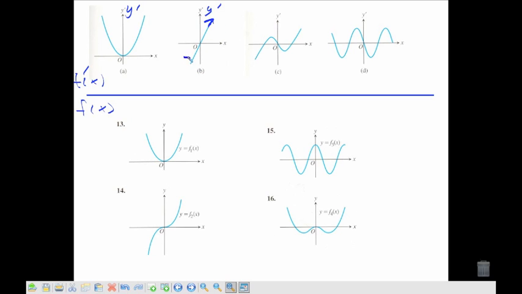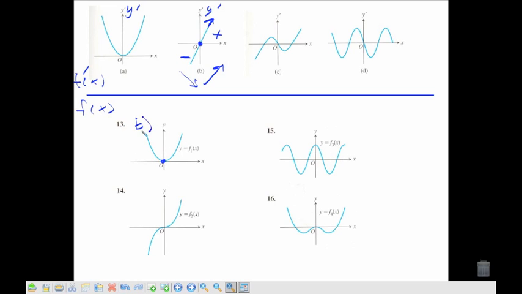Well, so our slope down here is negative, and then here our slope is 0, and then our slope is positive. Okay, that's important because if I have a slope that's negative, that means I'm going down. Slope of 0 tells me I have a horizontal. A positive slope tells me I'm going up. So I'm looking for a graph down here that's going down, has a slope of 0, and then goes up.